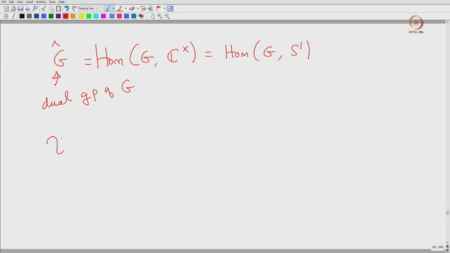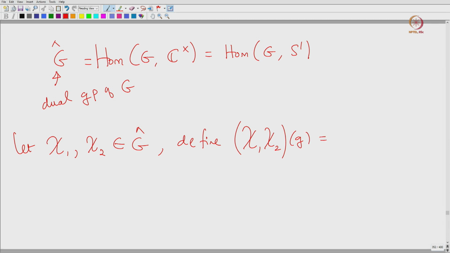Let us take chi 1 and chi 2 from G hat and define chi 1 chi 2 of g to be chi 1 of g times chi 2 of g, for all g in G.